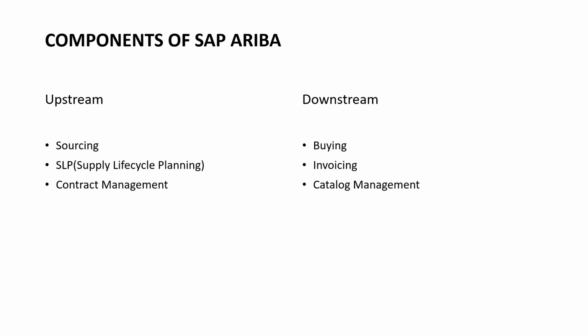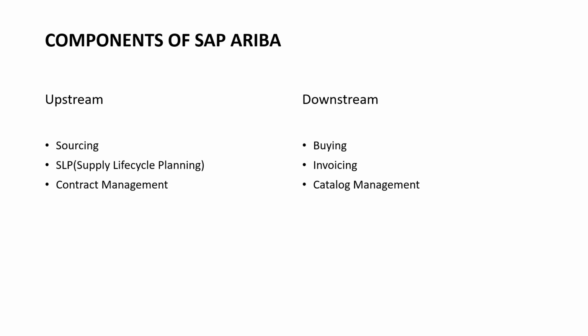Then second is supplier life cycle planning. Okay, supplier life cycle is the process of managing suppliers throughout their life cycle from initial registration and onboarding to qualification to performance management.